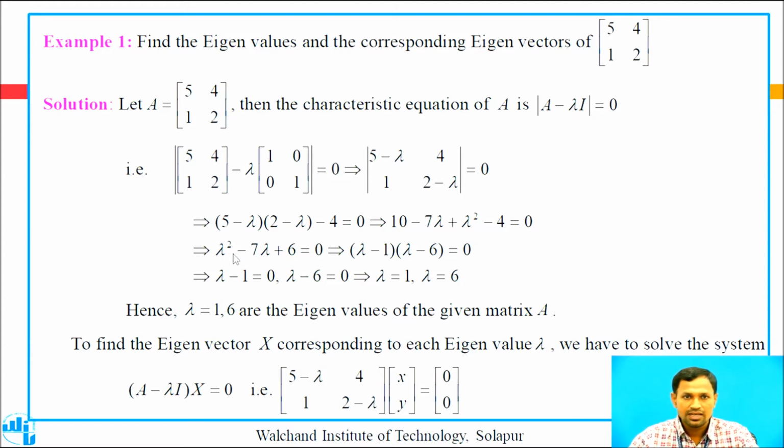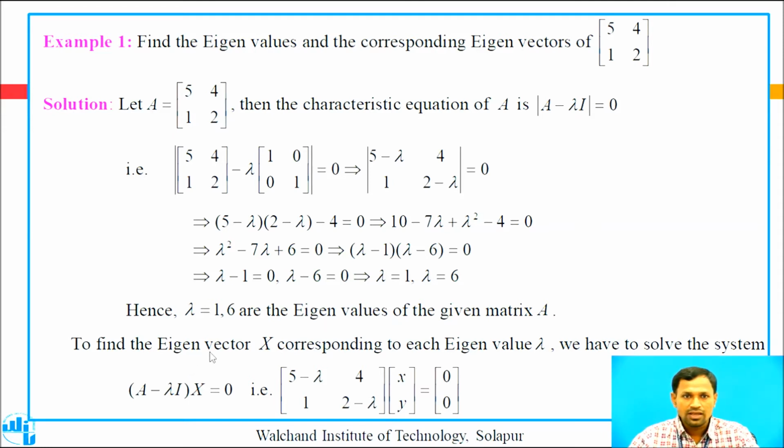So lambda square minus 7 lambda plus 6 equal to 0. To find roots, lambda minus 1 equal to 0, lambda minus 6 equal to 0. Therefore, lambda equal to 1, lambda equal to 6. Hence, lambda equal to 1 and 6 are the eigenvalues of the given matrix A.